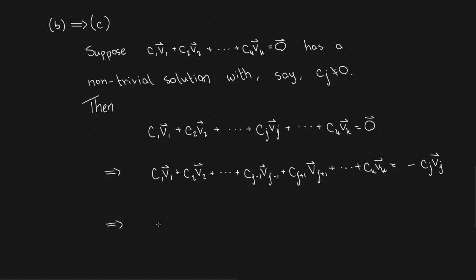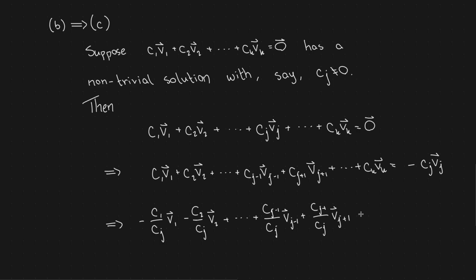And so if I divide everything by negative Cj, I get negative C1 over Cj V1 minus C2 over Cj V2 plus dot dot dot plus Cj minus 1 over Cj Vj minus 1 plus Cj plus 1 over Cj Vj plus 1 plus dot dot dot plus Ck over Cj.